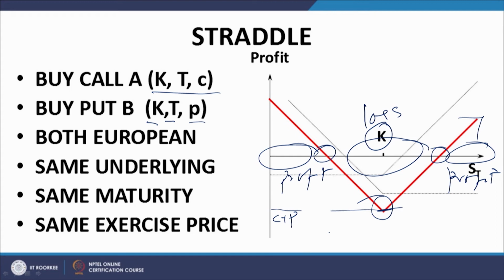However, if the price of the underlying asset finishes at a distance either to the left or to the right of the exercise price, you are likely to make a profit. The greater the divergence from your exercise price in either direction, the greater would be your profit.